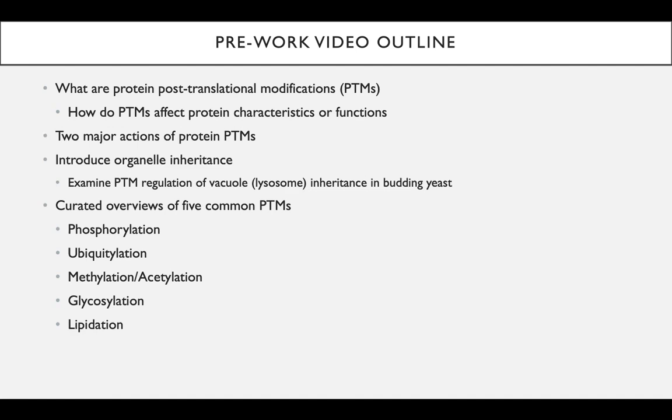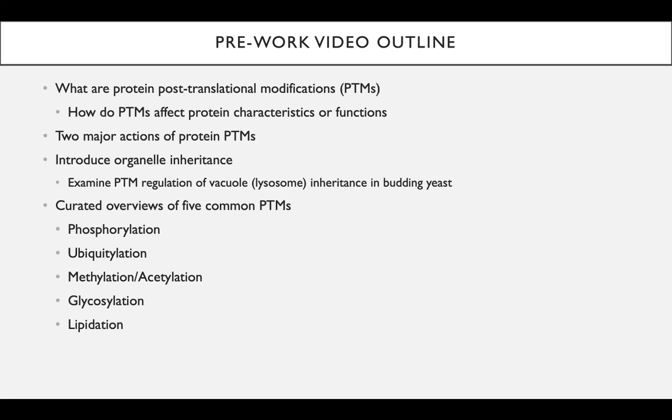At the very end of this video, and part of the slide set, I curated overviews of 5 common PTMs: phosphorylation, ubiquitination, methylation and acetylation, glycosylation, and lipidation. In thinking about PTMs, I think it's best to think about the cellular context and what they are regulating.